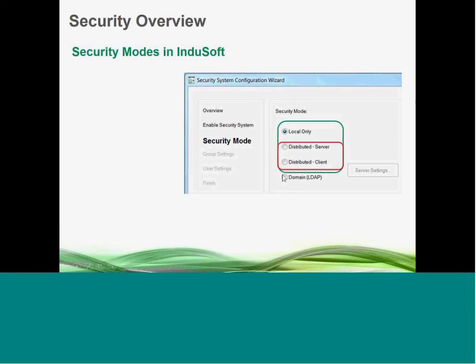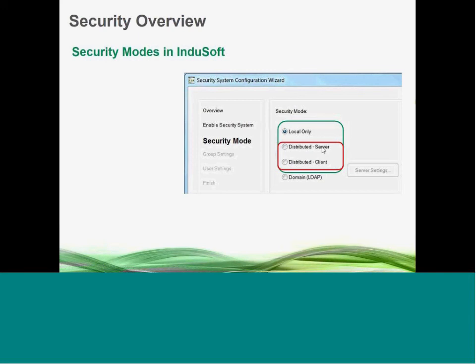And what do I mean by that? Actually, the distributed server and the client are related. They kind of go hand in hand. In the scenario that I just gave you, maybe in a prison, you might have one workstation set up as the distributed security server and the remaining 9 workstations set up as distributed clients, where the clients will then authenticate and get their information from the workstation that's the server.